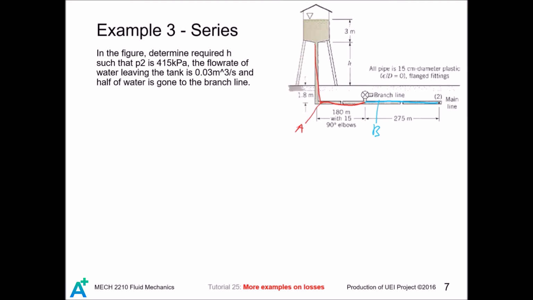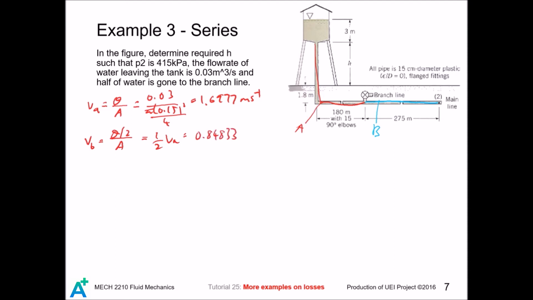The flow rate is provided to us so that we can find the velocity from the flow rate and calculate the Reynolds number. And we can find the Reynolds number.